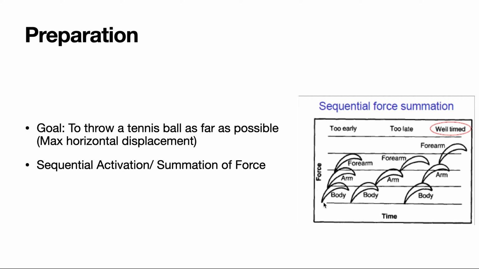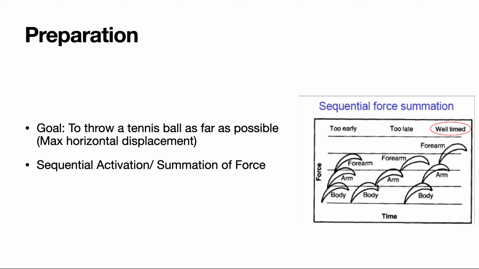So for example, you generate the force from your body first, but if you activate your arm earlier or later than the peak, then you'll get less force. If you activate your arm too early, that'll happen here. And if you activate your arm too late, that'll be here.